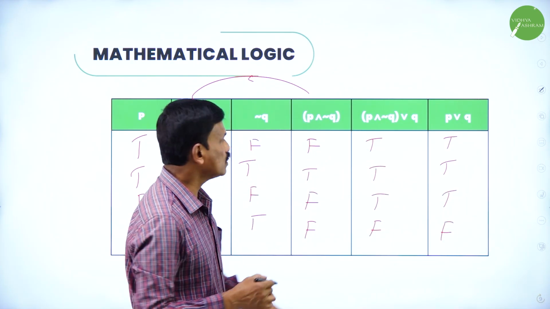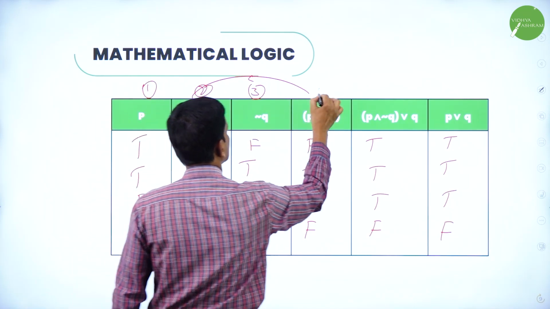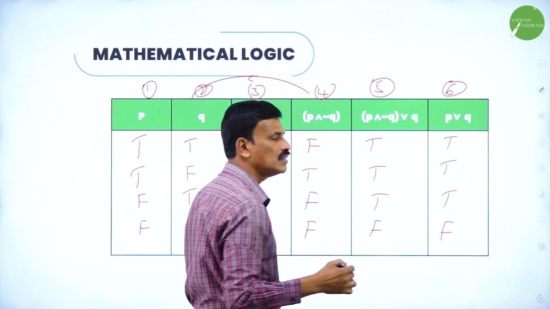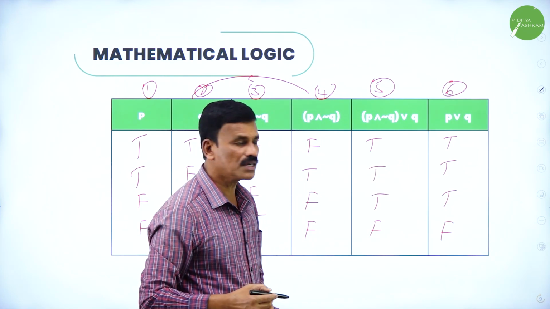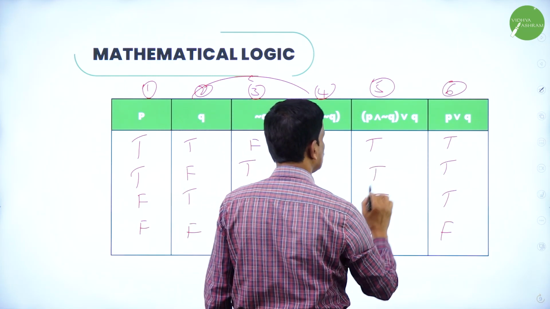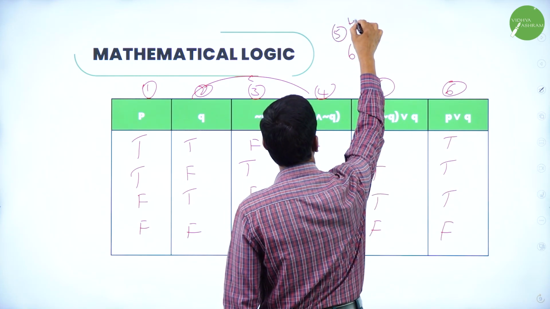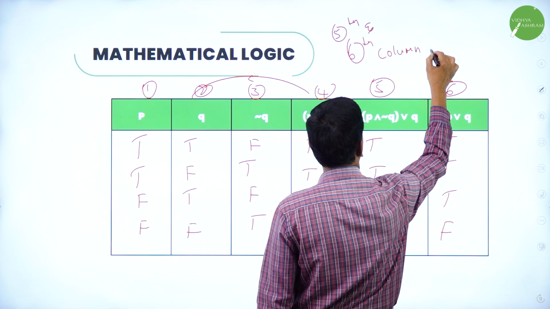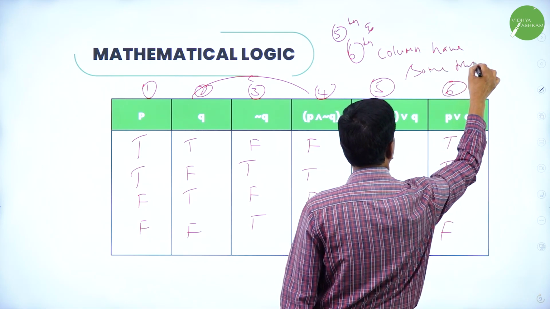Now check these two columns. Let us number the columns 1, 2, 3, 4, 5 and 6. If you observe carefully, all the truth values in the 5th and 6th columns are the same: T, T, T and F. So the 5th and 6th columns have the same truth values.